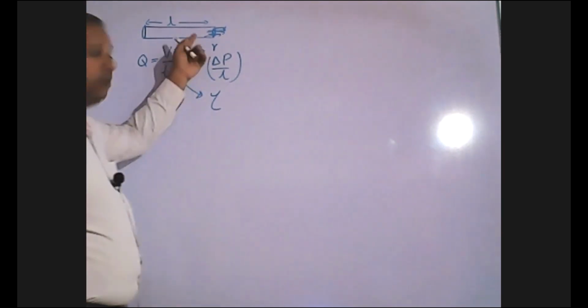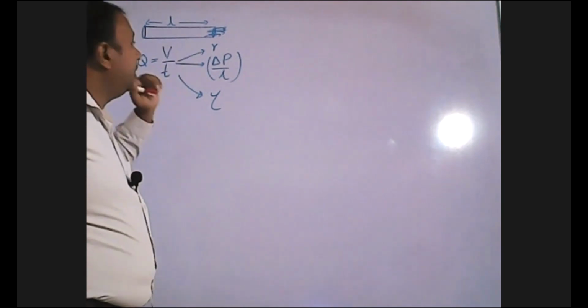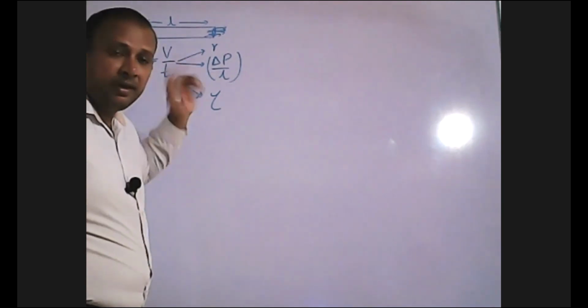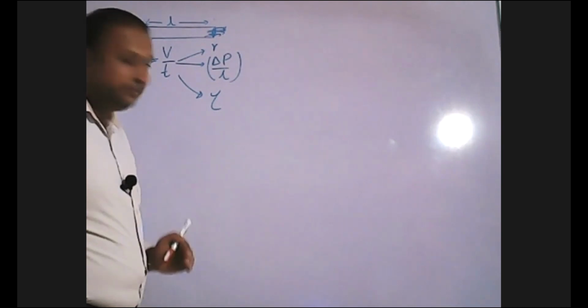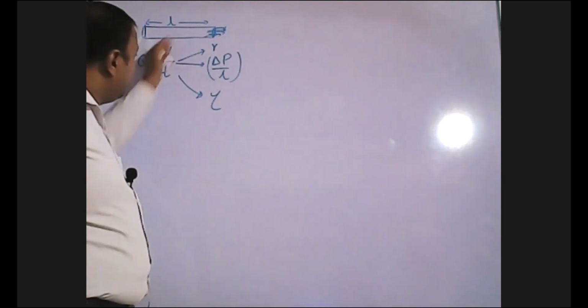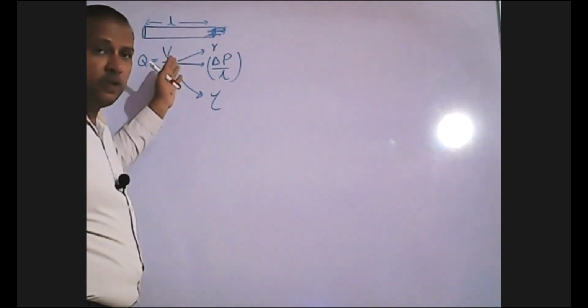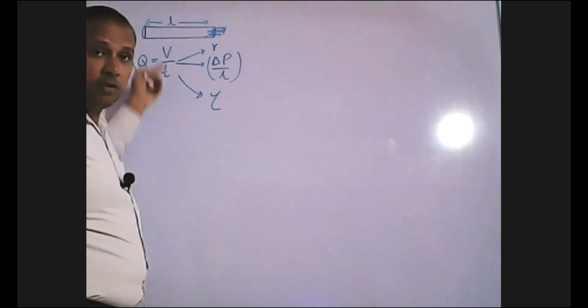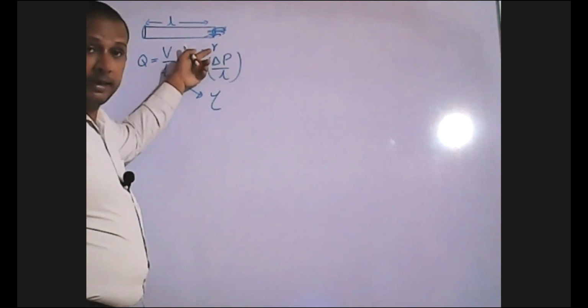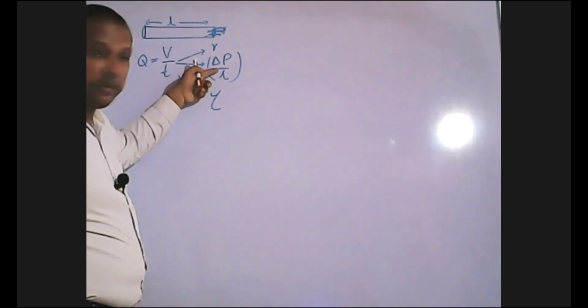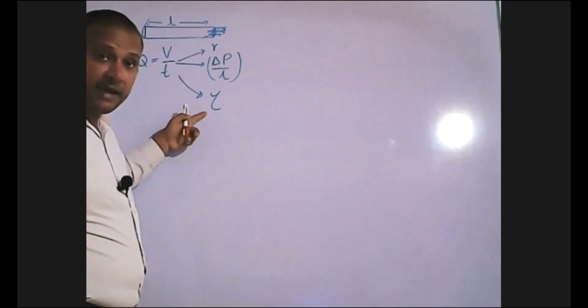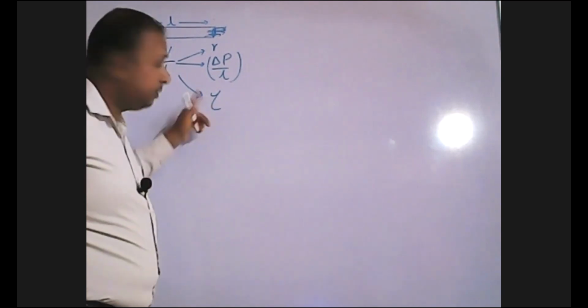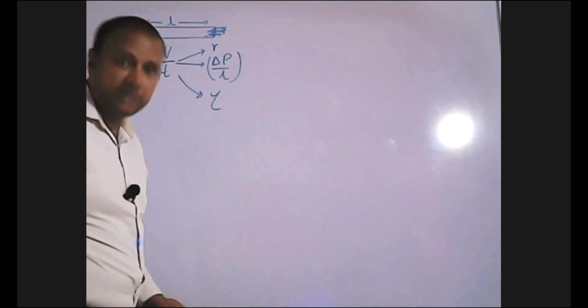Maybe you don't know about this one because this is a viscosity phenomenon. But you know all these physical quantities, then you can build an equation. You know about volume, time, radius, pressure, length, and maybe you don't know about viscosity, but it is given.